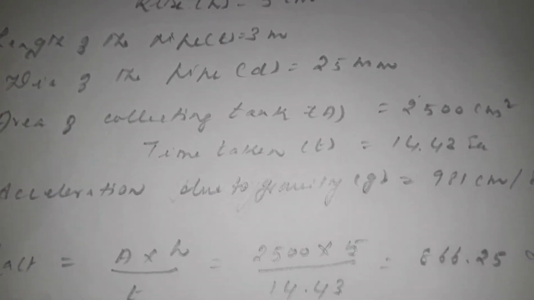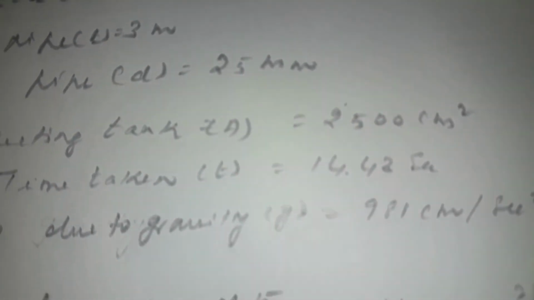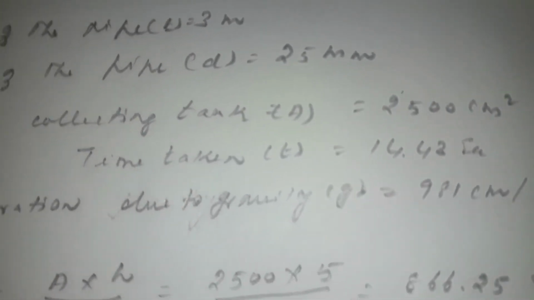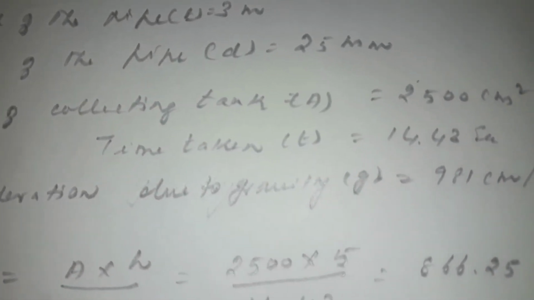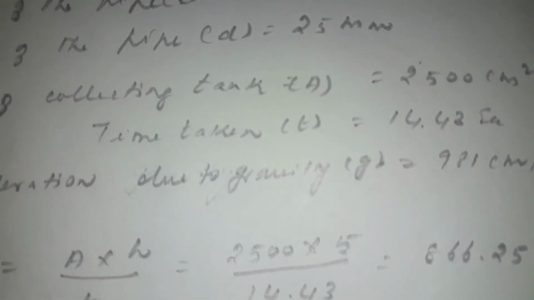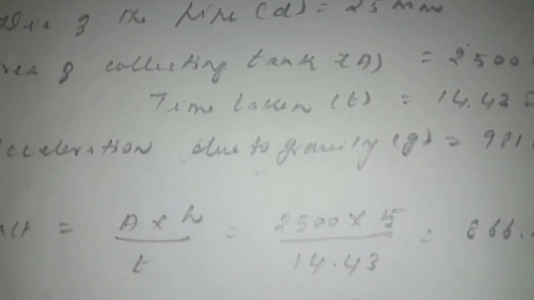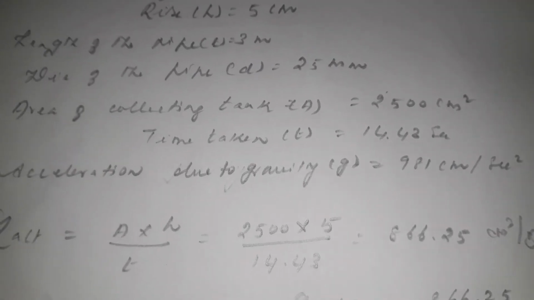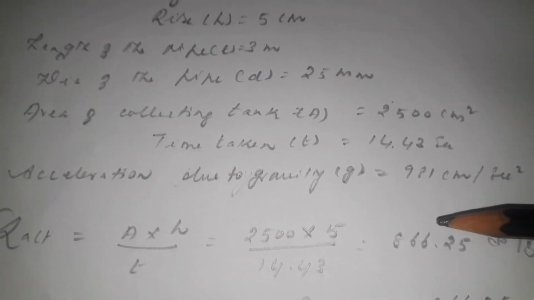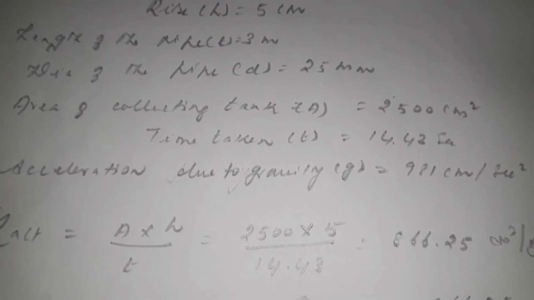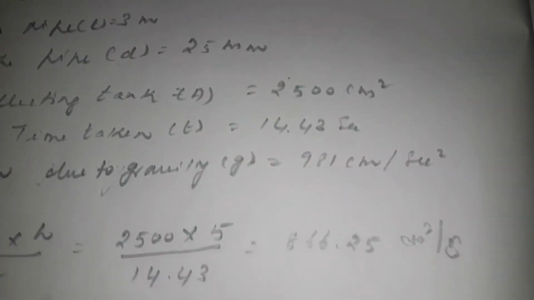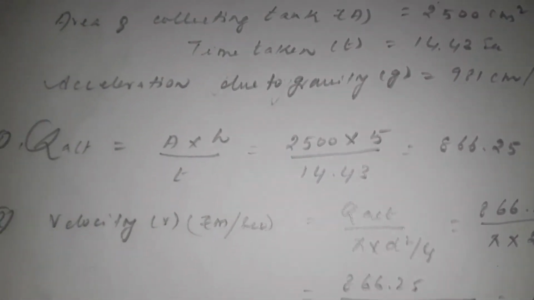It is denoted by capital A. The value is 2500 centimeter square, and time taken T is equal to 14.43. This is the first reading time. And next one is acceleration due to gravity, equal to 981 centimeter per second square.